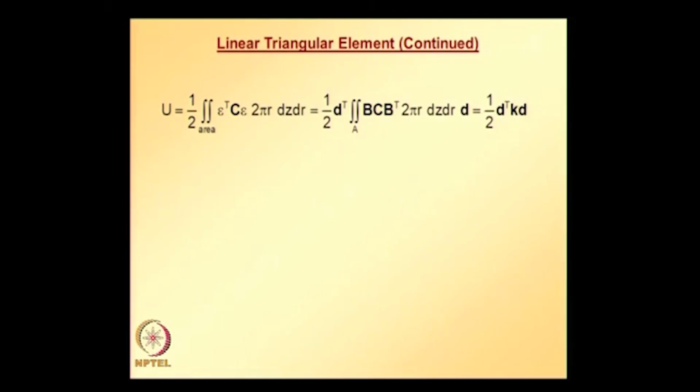One of the simplest integration schemes that you can adopt is one point integration, that is evaluating all the quantities which are functions of spatial coordinates r and z at the centroid of the triangle.